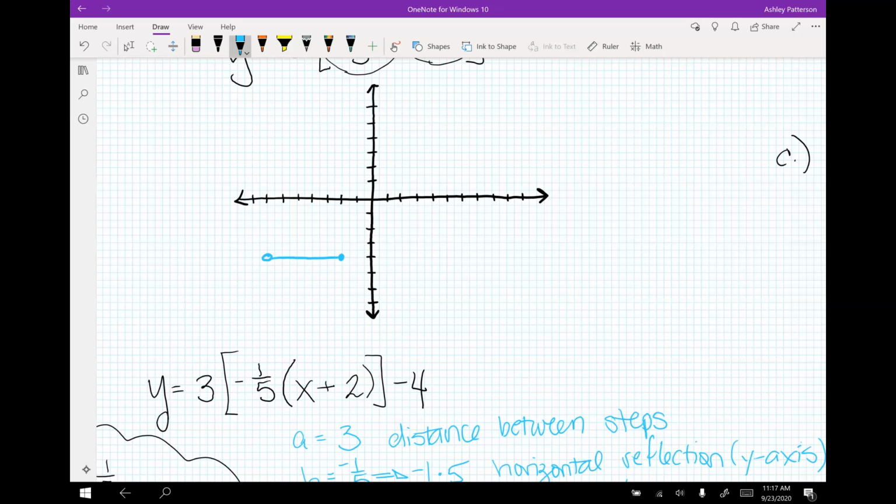And that horizontal reflection causes us to decrease as well. So the distance between steps is 3 units. I'm going to go down 1, 2, 3 to my open circle, and I'm going to extend 1, 2, 3, 4, 5 units to the right.